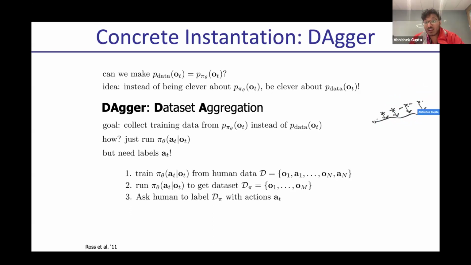The important thing is that you run pi theta in the environment, and it gives you your data. Pi theta is the one that is not good enough yet, so you're going to get these other states. Let's call this expert, and let's call this pi theta. On the states that your imperfect policy visits, you ask an expert to label them.